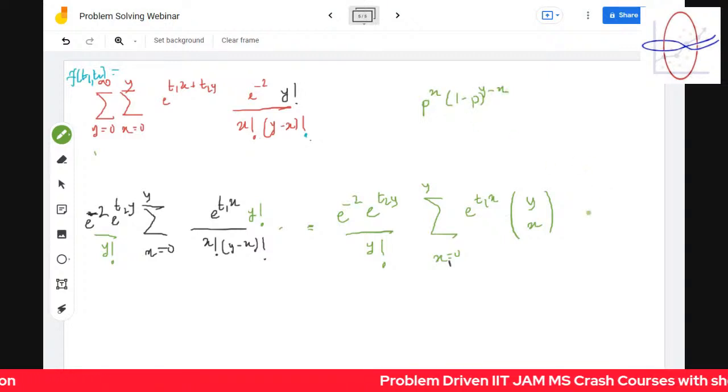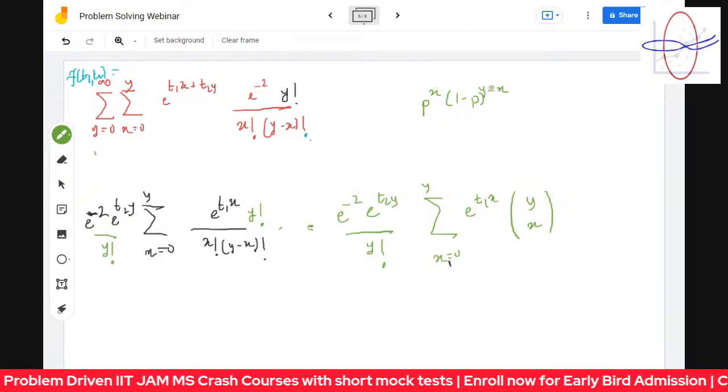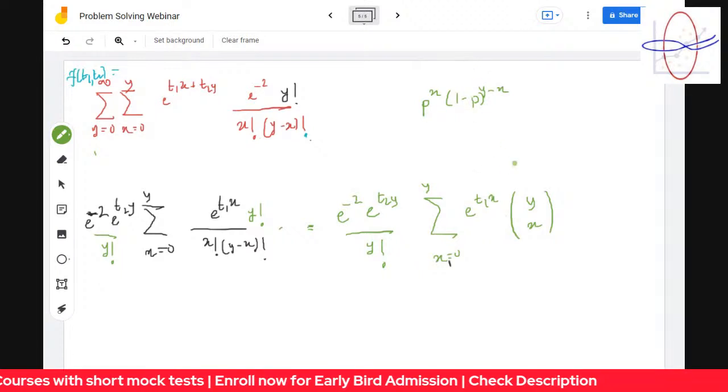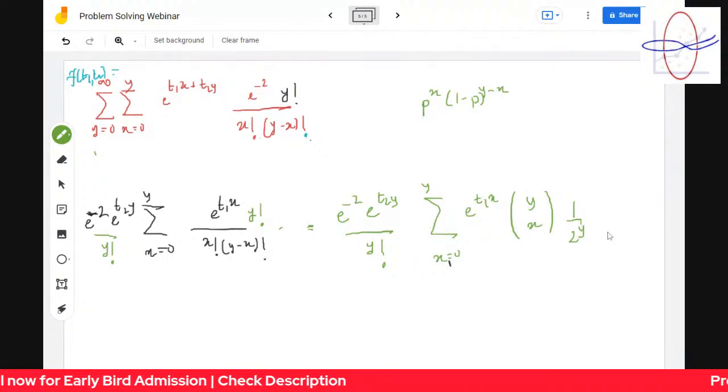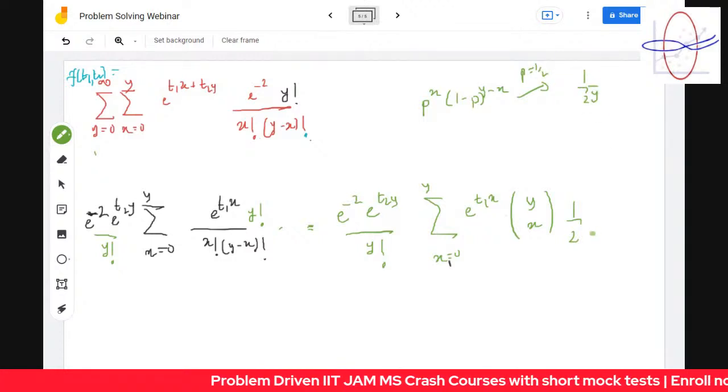But we cannot introduce this p, because it would be dependent on x, not on y. So the best thing is to introduce half to the power y, because it's dependent on y. If you put p equal to half, a very good idea. I don't know whether it will work or not. I'm just trying it out right now in front of your eyes.